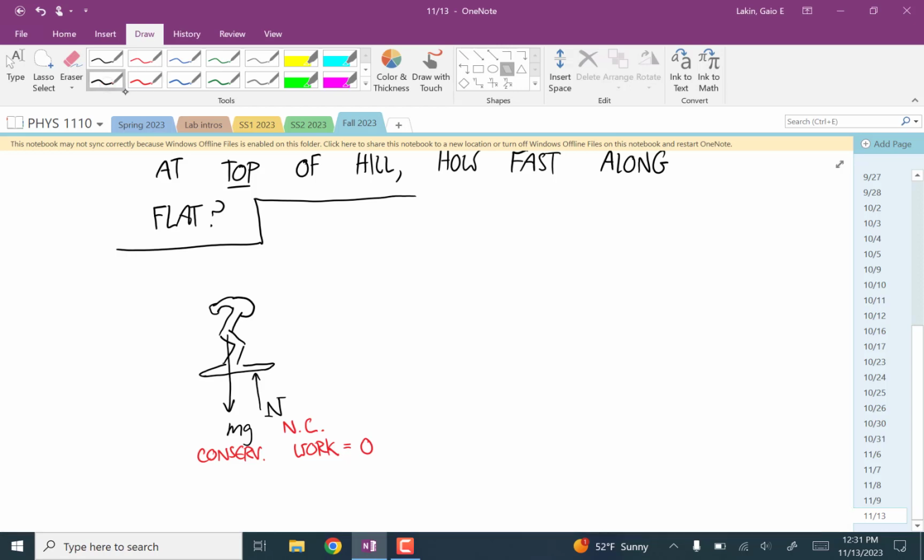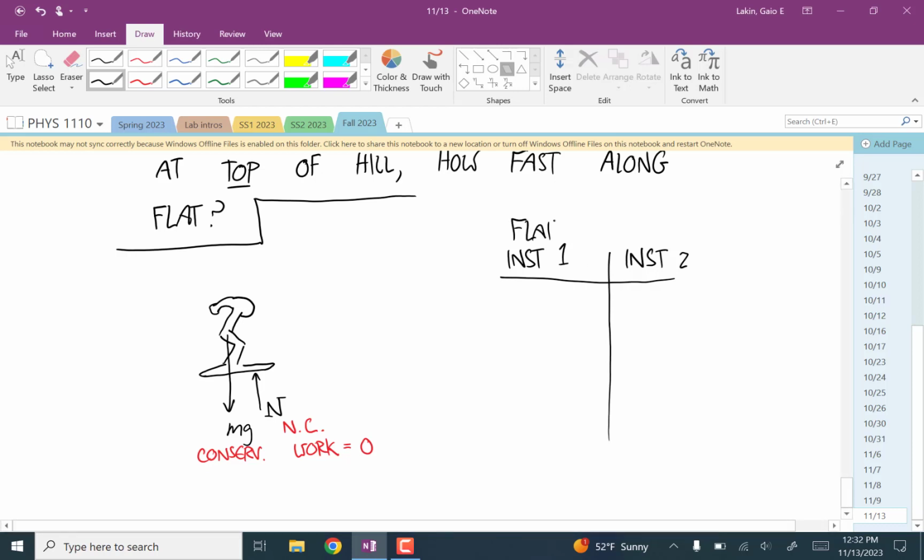All right, so now that we know we can use it, let's divide it up into a first instant and a second instant. Instant 1 is going to be while the skier is moving along the flat. Instant 2 is going to be at the top of the hill.